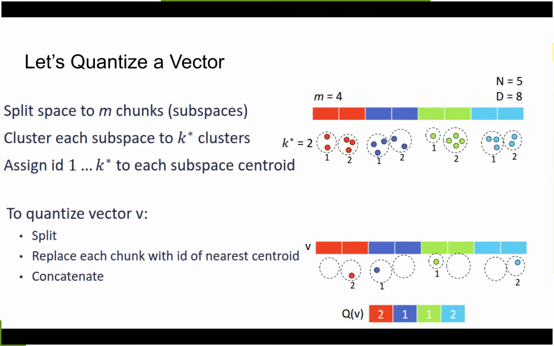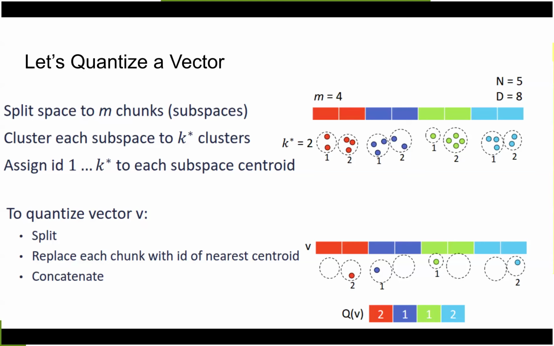To see an example, let's look at the bottom right picture. To quantize a vector V, you just need to quantize each subpartition of that vector. At first, you split the vector into its 4 subpartitions, and find the cluster that the vector belongs to in each subpartition.